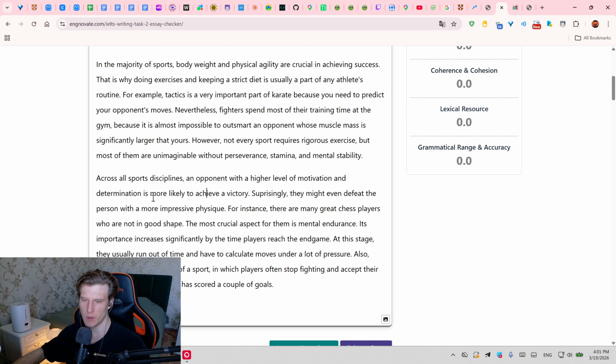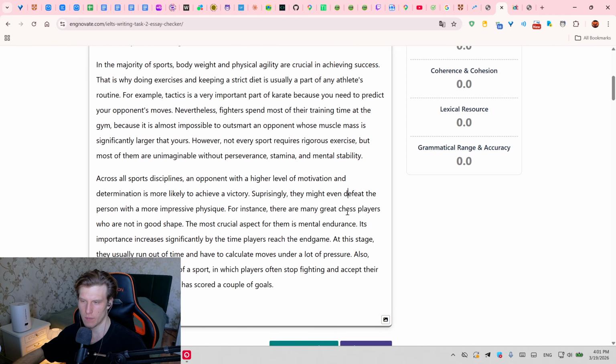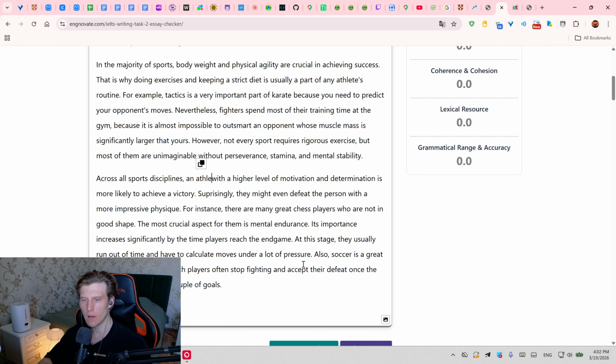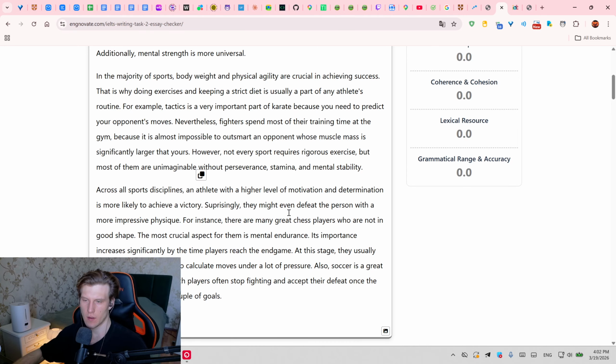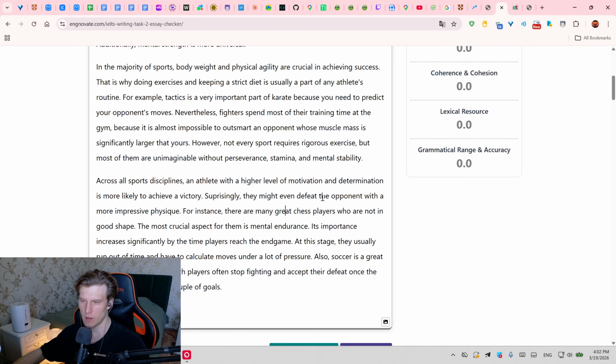An opponent with a high level of motivation is more likely to achieve a victory. An athlete. Defeat. Surprisingly, they might.